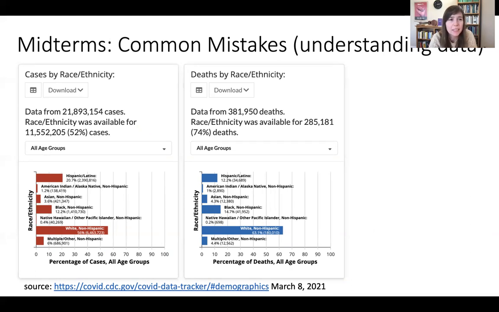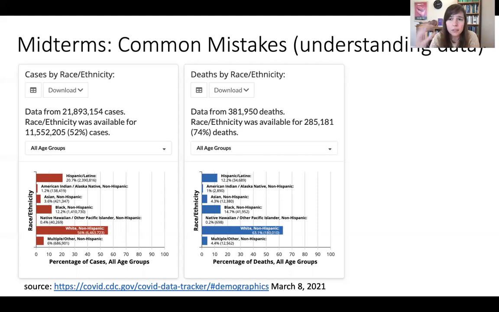But this one is very specific to COVID. A lot of students very rightly went to the CDC for information, and a lot of students found something like this on the CDC's website. I give the source of this screenshot here, from March 8th, 2021.